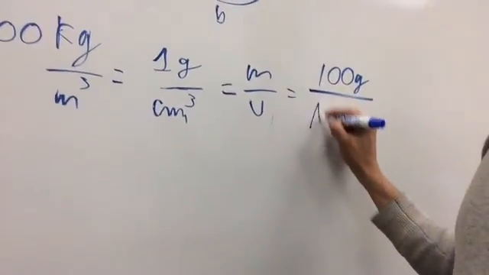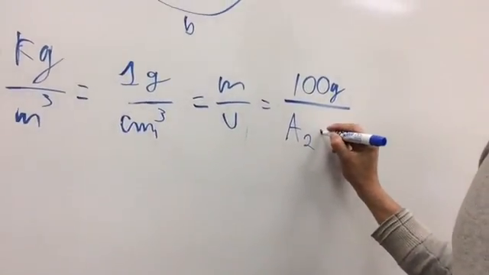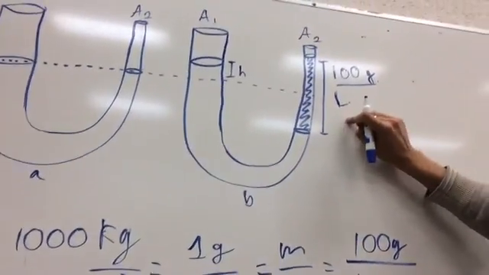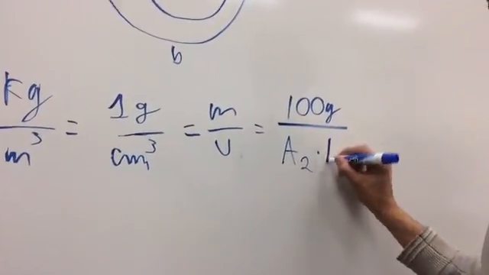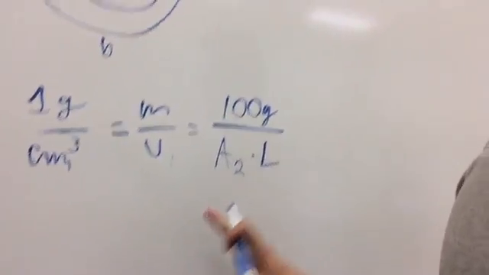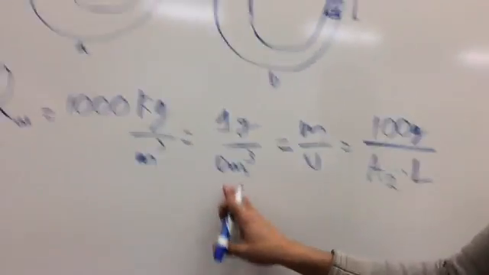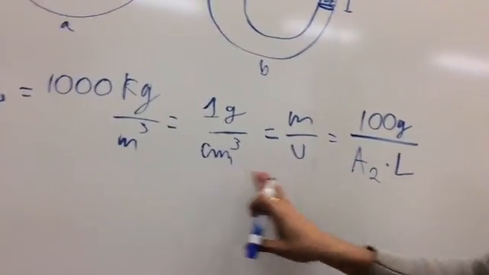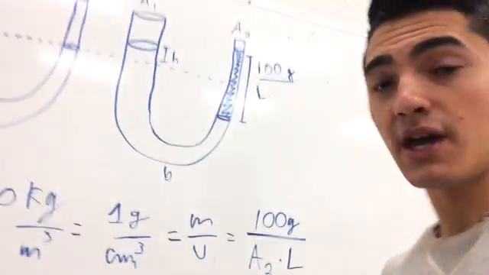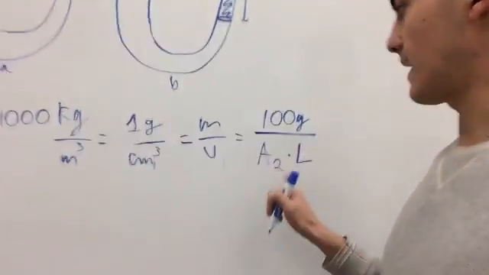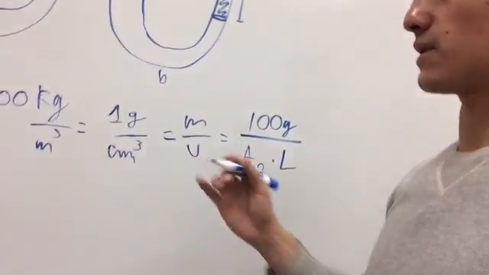So we can write area 2 times the length, that is the measure we have to calculate. Okay? Once we have this, we can use these values in the equation to calculate the value of the length.